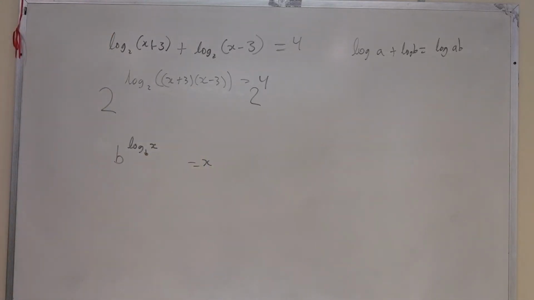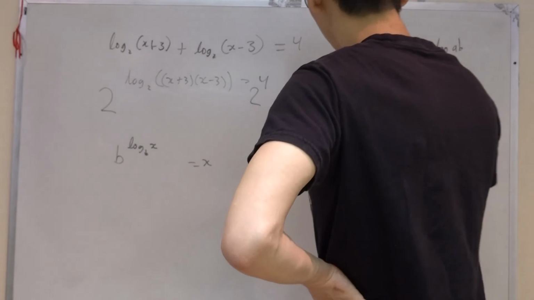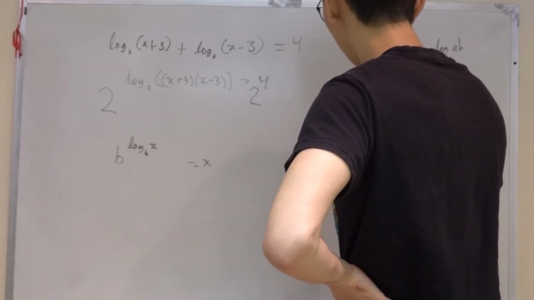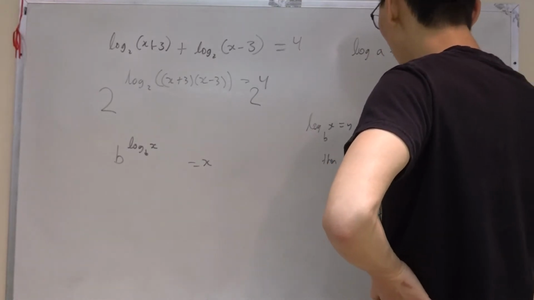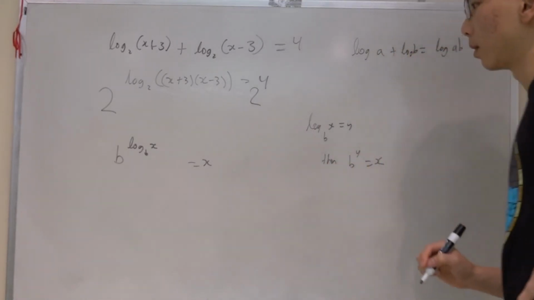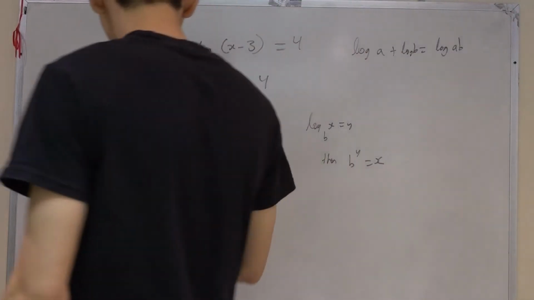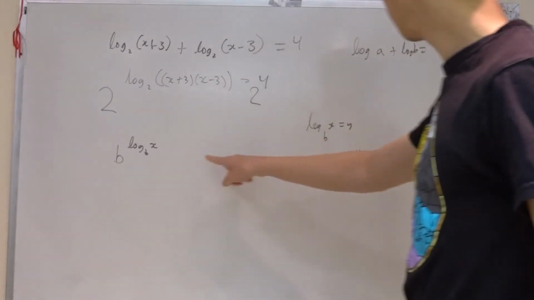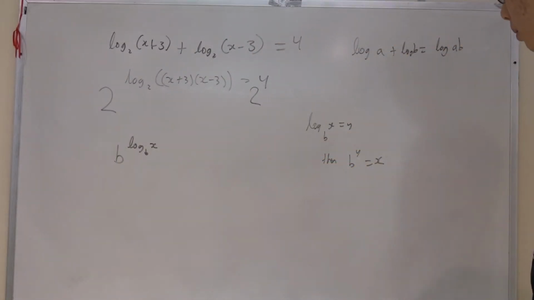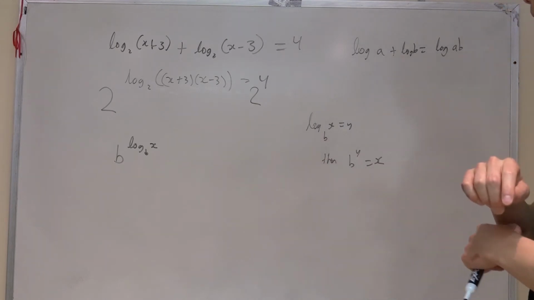Okay? And to see that, let's just think for a minute about what log b of x means. Let log b of x equal y, then we know that b to the y is equal to x. And therefore, this thing immediately evaluates to x, because y was log b of x.